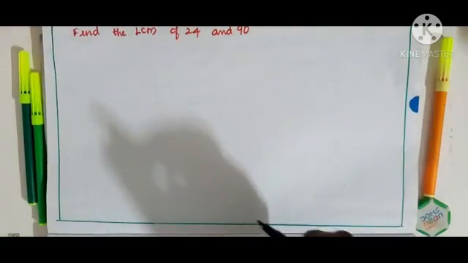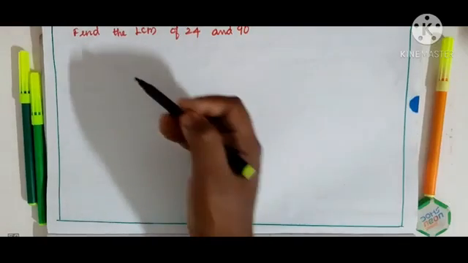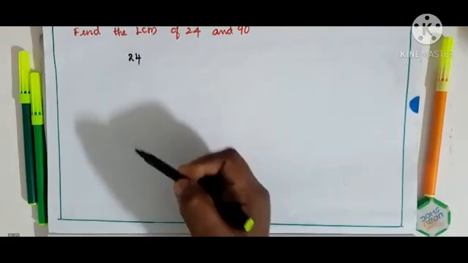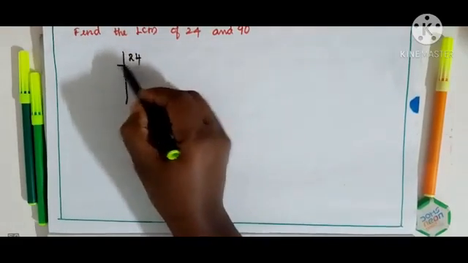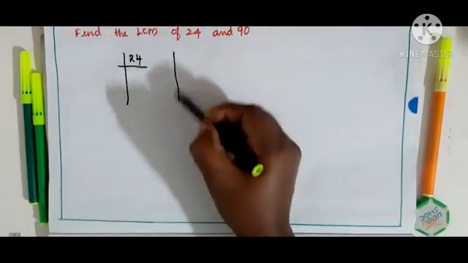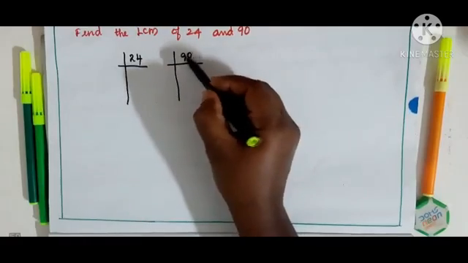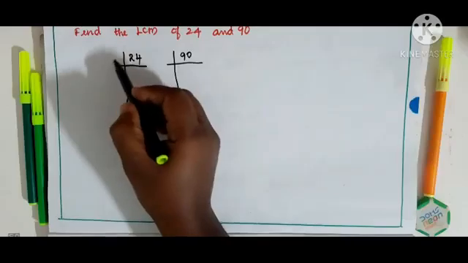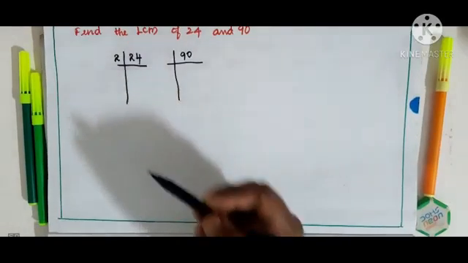See here, first what will you do? You will start with 24 and draw a line, then 90. Start with the least prime number. Which is the least one? It is 2.